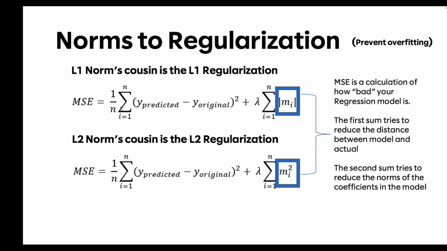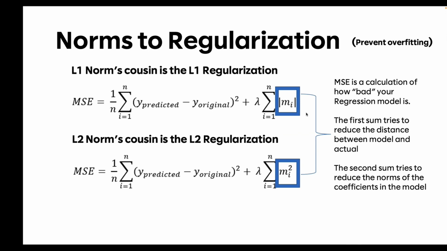So this term right here tries to overfit the model, whereas this term right here is trying to underfit the model, because it's trying to reduce the coefficients. Remember the m term that I was talking about? That m term is right here, y equals mx plus b. We're trying to reduce the norm of these m terms, essentially trying to get them as close to 0 as possible.